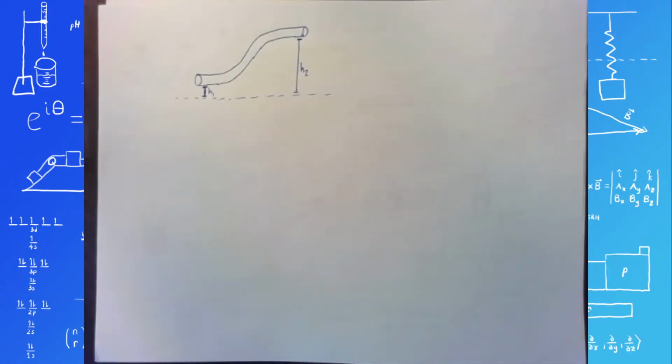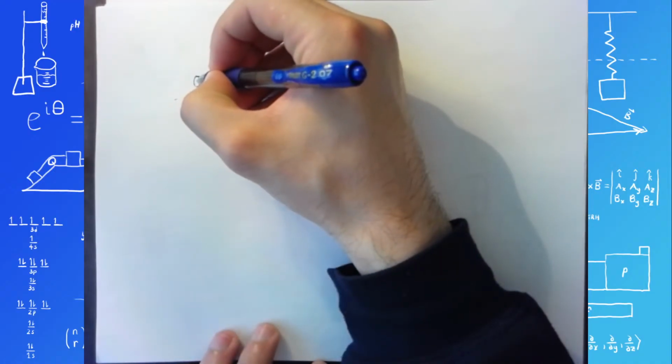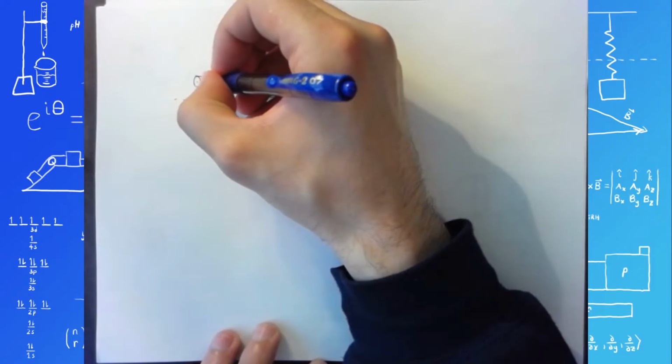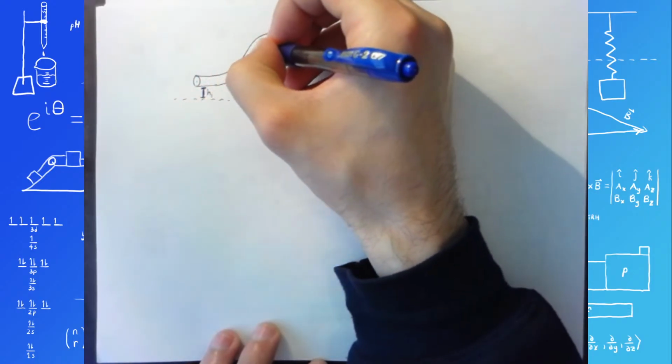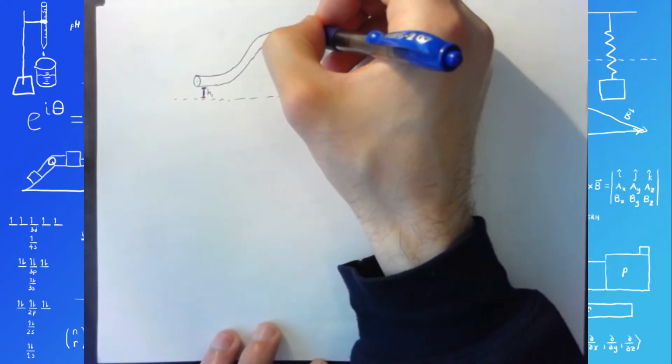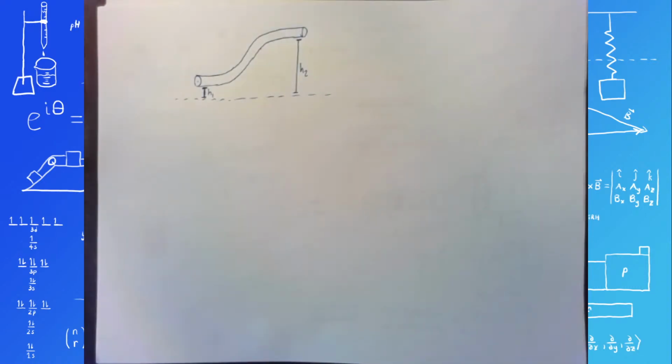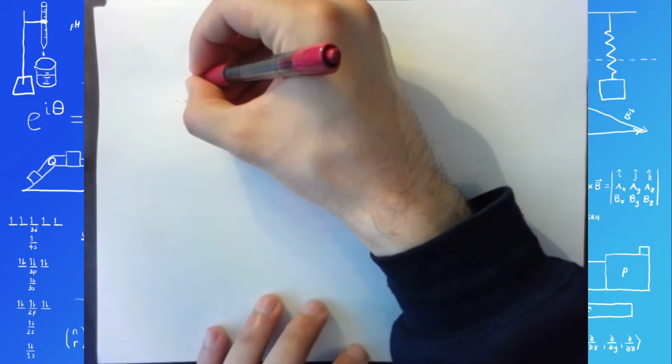Now, in order for this to even work, you need to do some work down here on the fluid in order to push it up with enough force to actually let it make it up here. So there's going to be some pressure being exerted on this side.